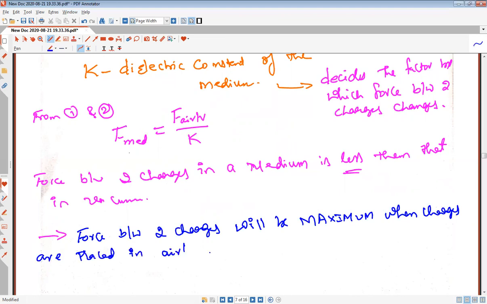When charges are placed in air or vacuum, the force between them will be maximum.